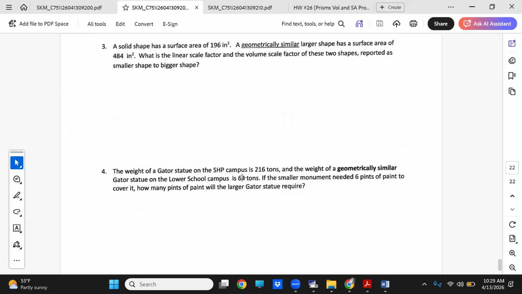I'll tee it up for you guys for 3, and I want you to try 4 on your own or in your table groups. A solid shape has a surface area of 196, a geometrically similar, larger shape has a surface area of 484. What is the linear scale factor and the volume scale factor? 196 over 484 equals LSF raised to the second power.